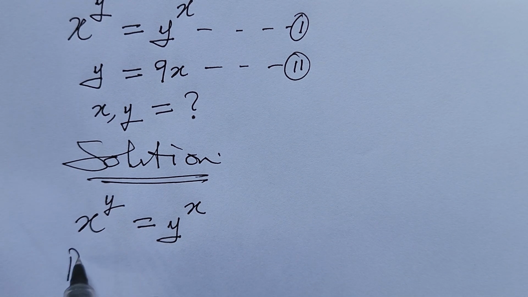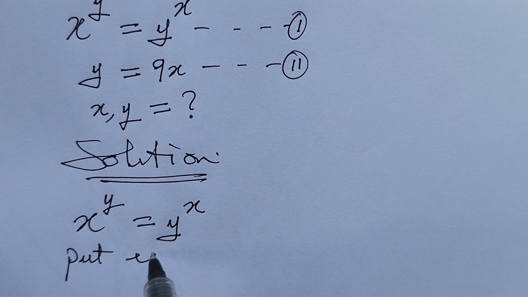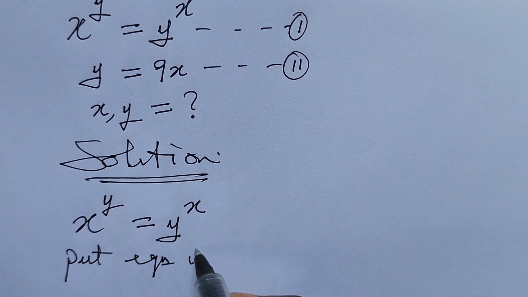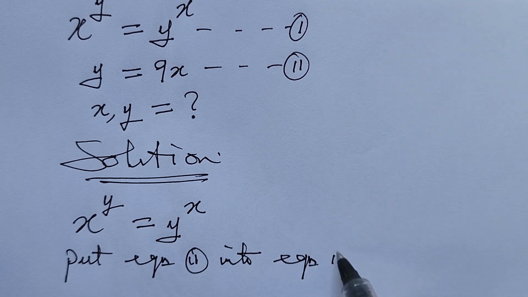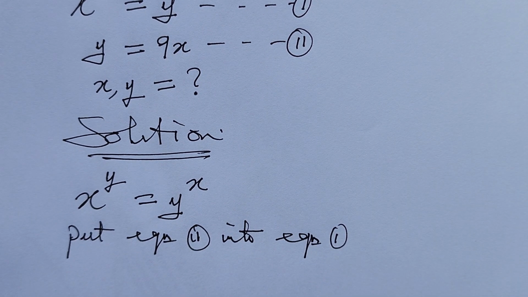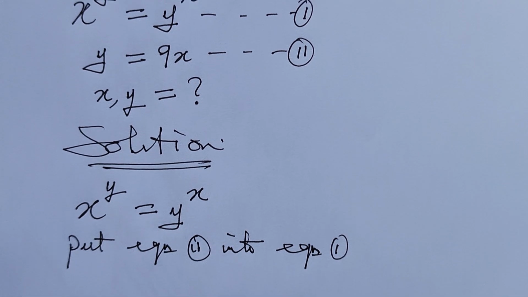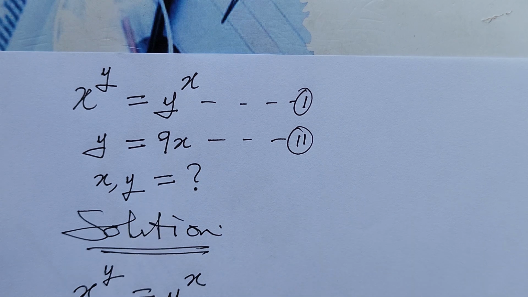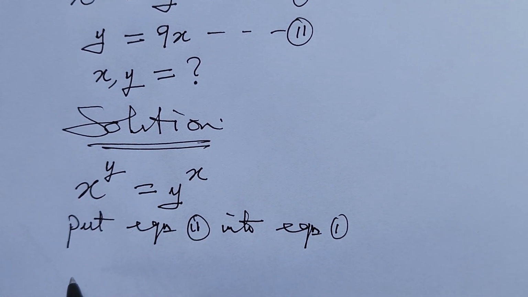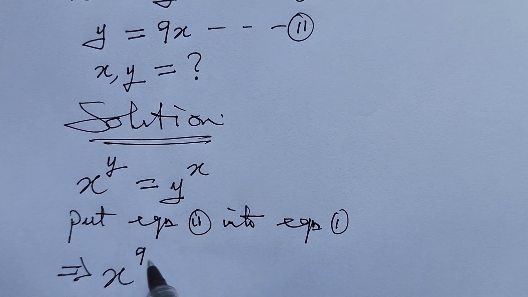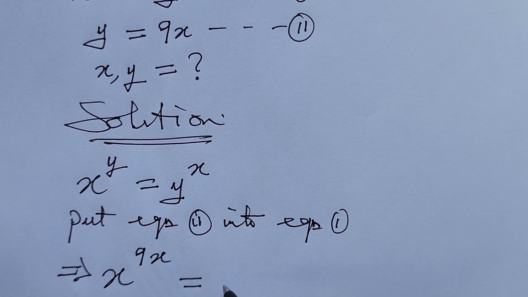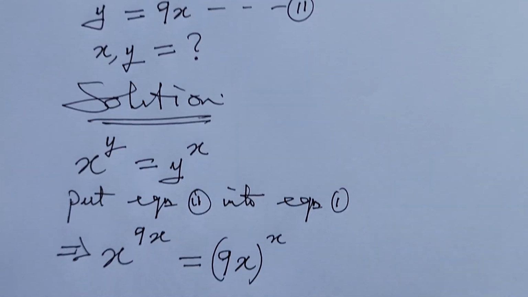Wherever we see our y, let's put in 9x here. So it's going to give us x to the power of 9x is equal to 9x to the power of x.